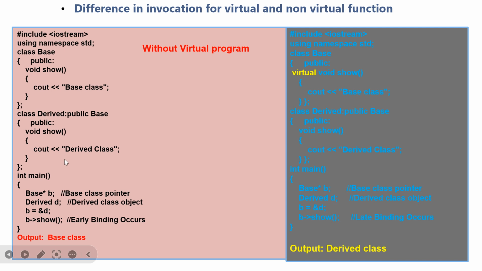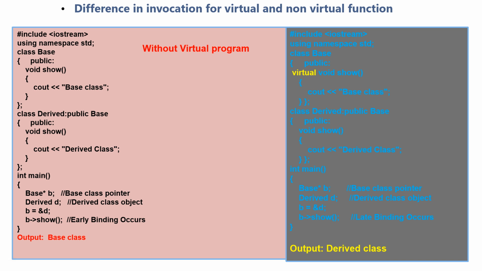So in this program we can see a base class and a derived class. In the base class we have a function named void show, and in the derived class we have a function named void show. Same as before, we are creating a base class pointer, and d is the derived class object. Now the address is moved to the derived class object.